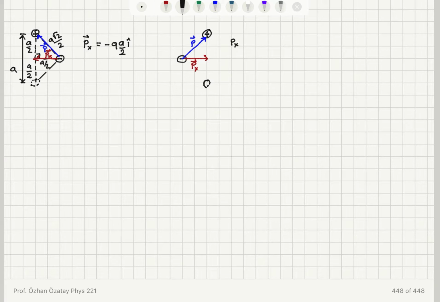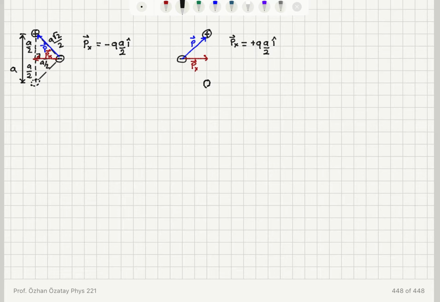In this scenario I would find that the x component is plus q a over 2 i hat. So as you can see, I have four possible sites. If the positive charge is to the left of the negatively charged ion, either at the top or at the bottom, I have the same x component, minus q a over 2 i hat. And for the scenario where it is to the right of the negatively charged ion, it's always plus q a over 2 i hat.